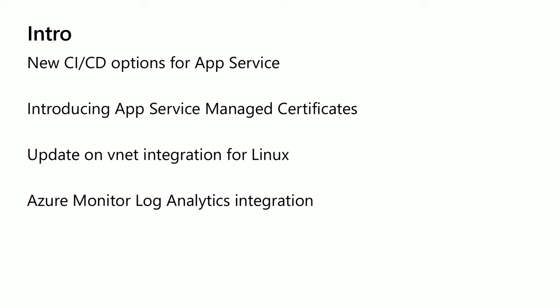It's available for both Linux and Windows, but this is a good place to cover it. I'll give you a quick update on the State of the Union for virtual network integration on Linux, and then we'll round out the session with a deep dive on the new Log Analytics integration, with a focus on using it on the Linux side of our product.